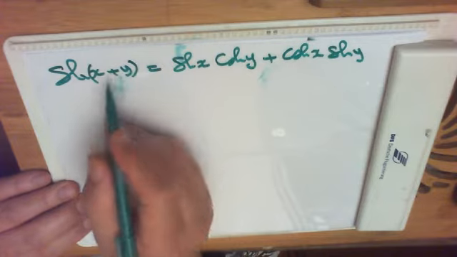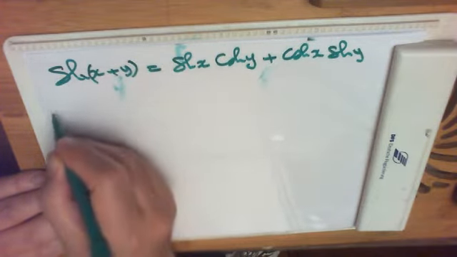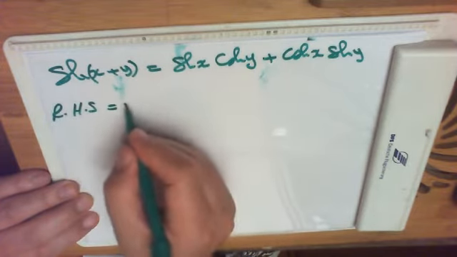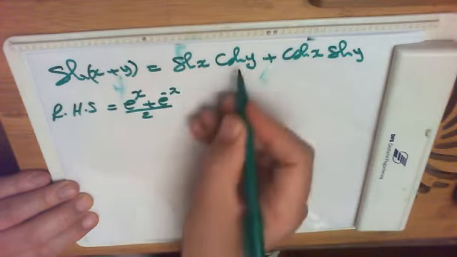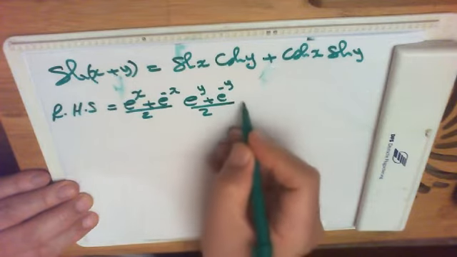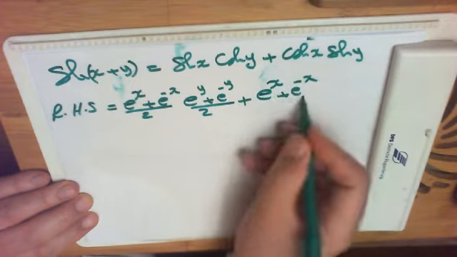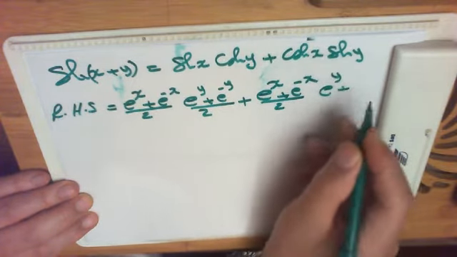Now, as you see, the right hand side equals sinh x, which is e to x minus e to minus x divided by 2, times cosh y, e to y plus e to minus y divided by 2, plus cosh x, which is e to x plus e to minus x divided by 2, times sinh y, which is e to y minus e to minus y divided by 2.